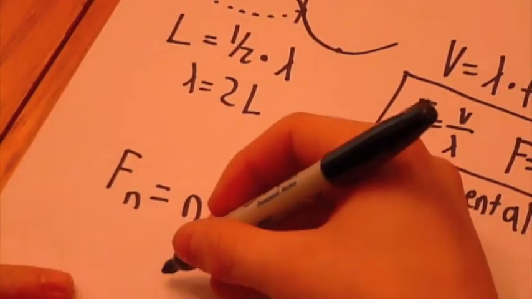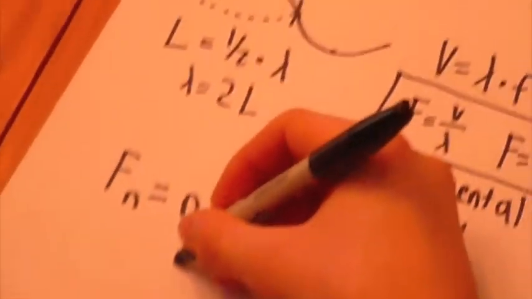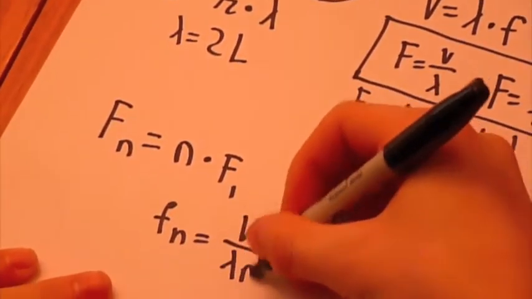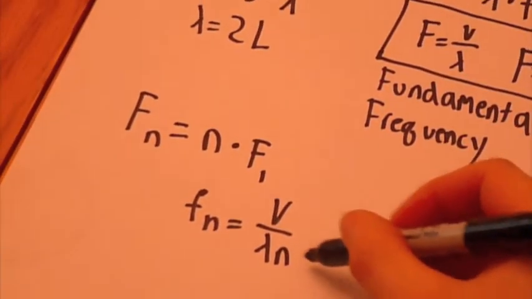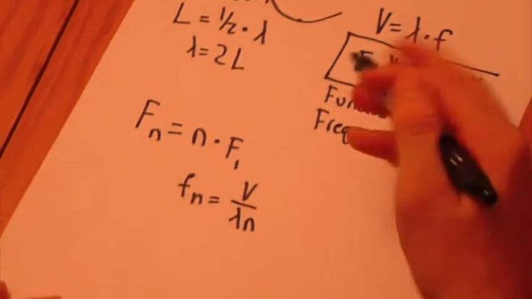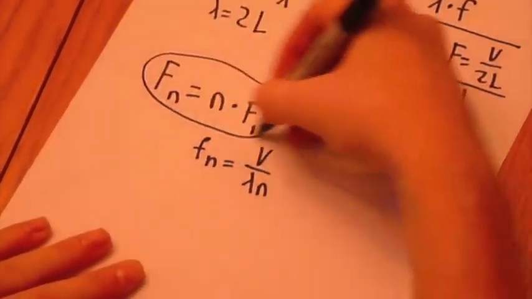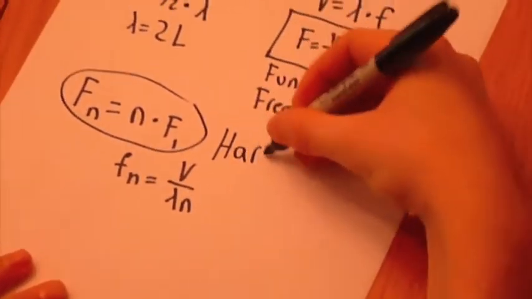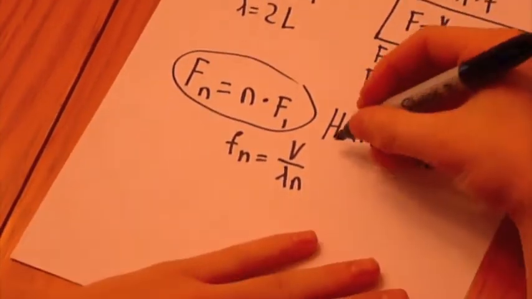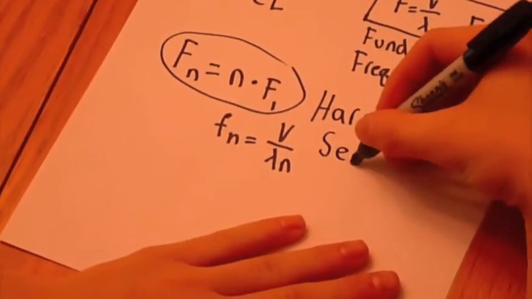This is true because f of n equals velocity over wavelength n. Once again, n being the integer representing the number of waves in the medium. This here is called the harmonic series. That determines the specific frequencies at which a standing wave can be created.